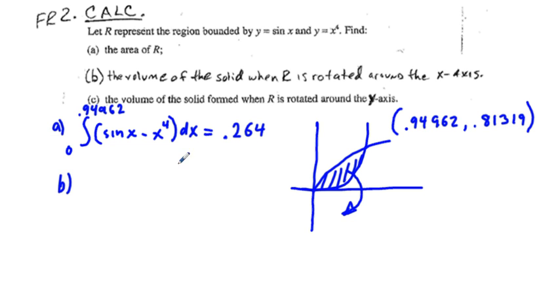And to do that, the setup is just the same as the first to begin with. We have 0 to 0.94962, and then we have pi, and we have our outer radius squared.